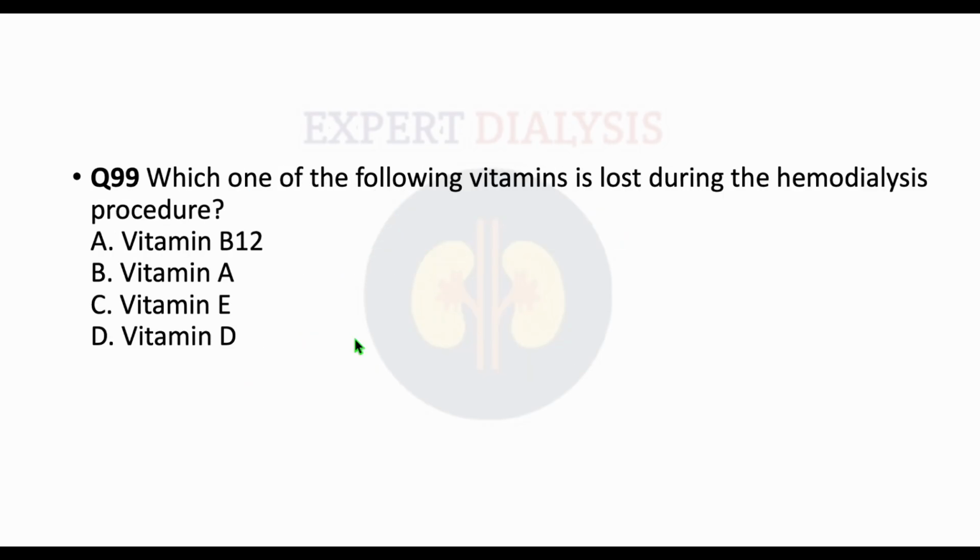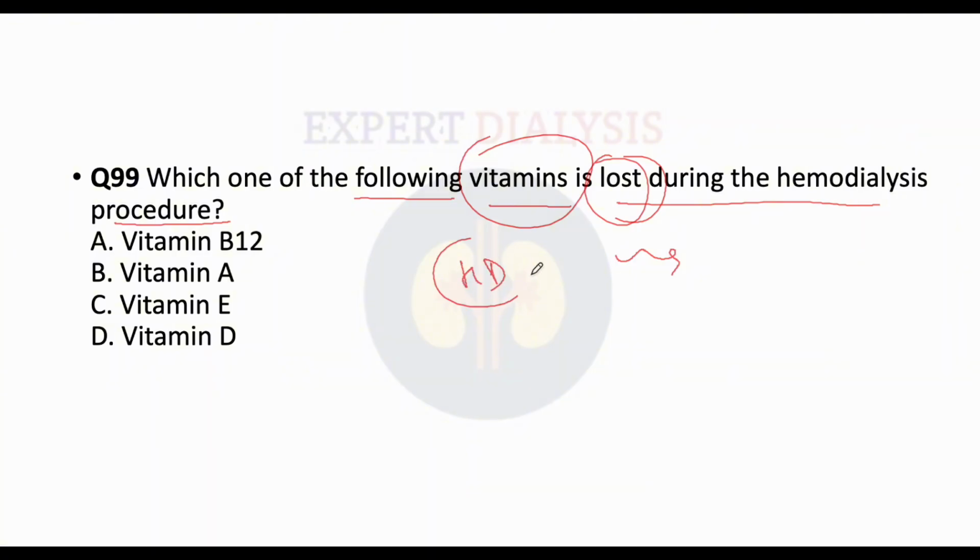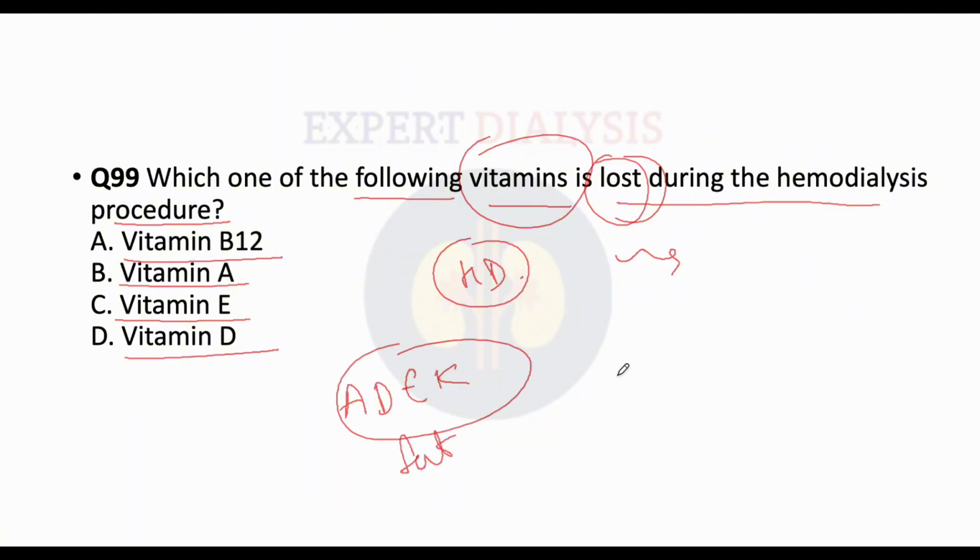Moving ahead to the ninth question, it says which one of the following vitamins is lost during the hemodialysis procedure. So we have to find the vitamin that is easily lost while HD is ongoing. Option A is vitamin B12, option B is vitamin A, option C is vitamin E, option D is vitamin D. So we all know A, D, E, K vitamins are fat soluble while the rest are water soluble.